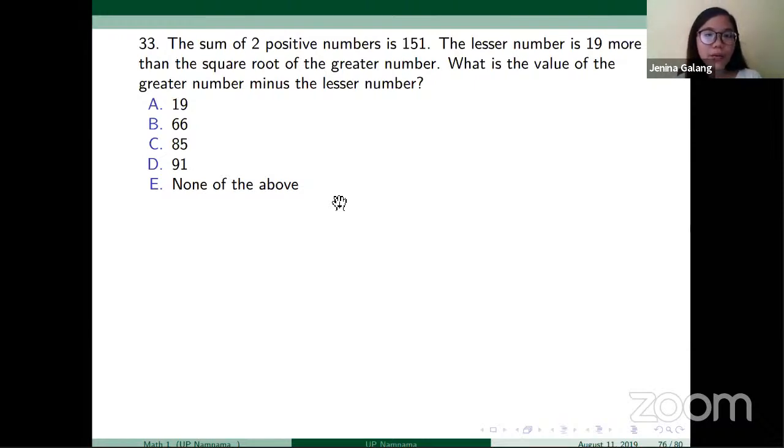Next, the sum of two positive numbers is 151. The lesser number is 19 more than the square root of the greater number. What is the value of the greater number minus the lesser number?